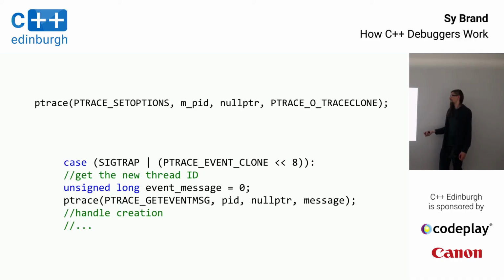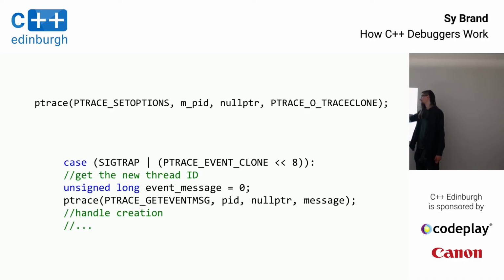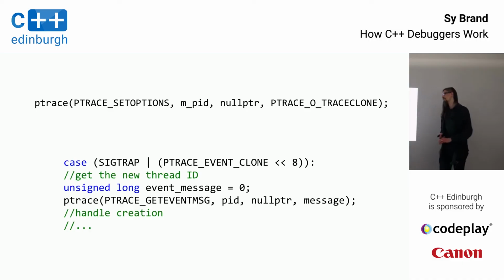And Ptrace has an option which you can set to say, okay, when clone is called, I want to know about it. So now whenever clone gets called, I get a sig trap. And I can get some more information about the sig trap and say, okay, was this from a clone event? Was this from a user breakpoint? Was this from something else? And then I can do whatever I want with that.